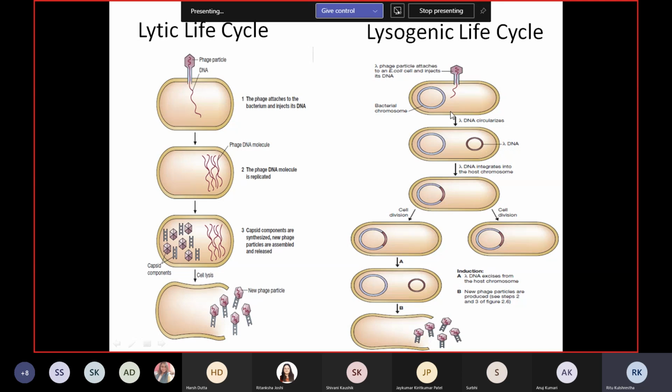This is when the phage DNA gets incorporated into the bacterial chromosome, and we say that it is maintaining a lysogenic life cycle. At some point when conditions are not apt, let's say stress related conditions, there is a possibility that the lambda DNA gets excised out and enters the lytic life cycle and releases itself from the bacteria, which is under a lot of stress and is dying because of nutrient deprivation, etc. So yes, these are the two life cycles.